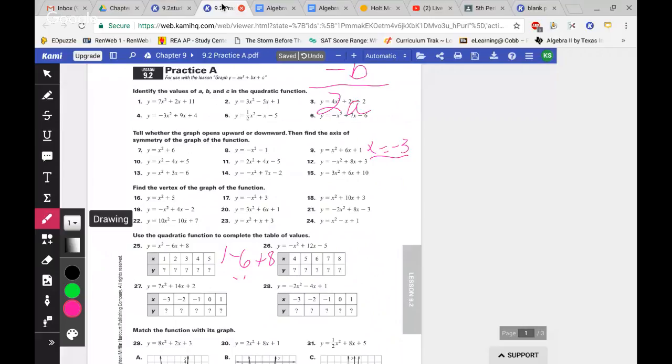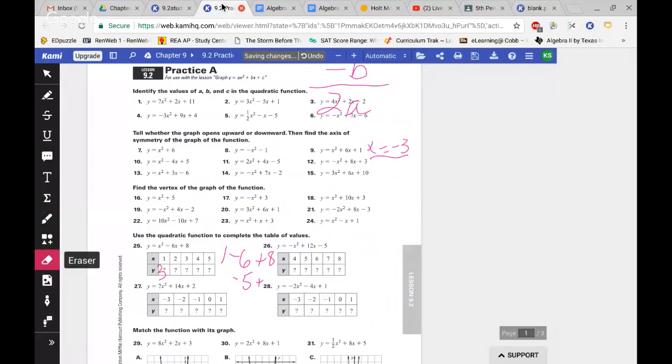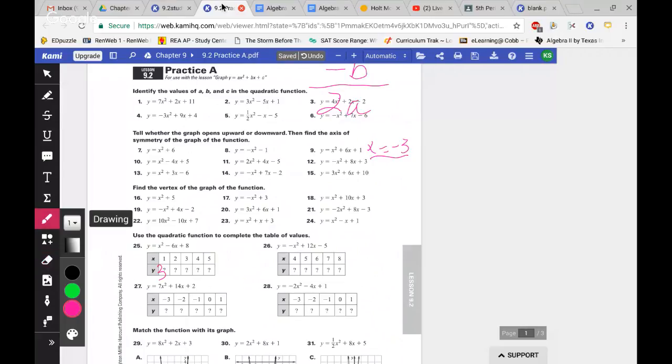So I've got a negative 5 plus 8, which is going to give me a positive 3. And then I'm going to go with 2. And 2 squared is 4, minus 6 times 2 is 12, plus 8. I've got negative 4 plus 8, which is 4.